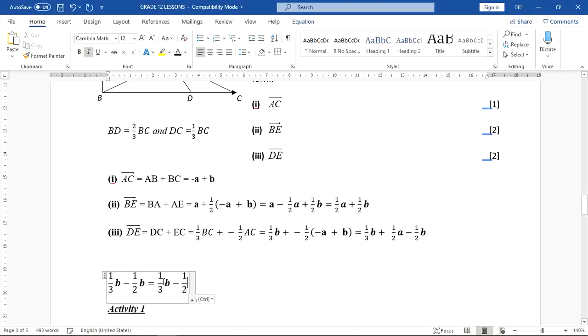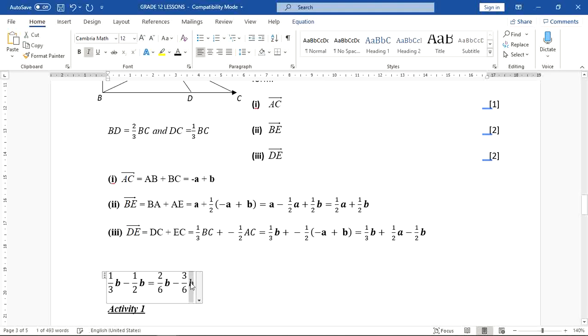And if I do that, I'll end up with 2 over 6, and this one will be 3 over 6, and the small b bold.